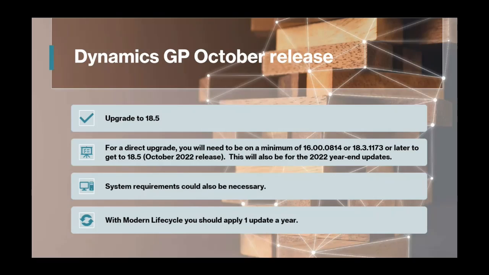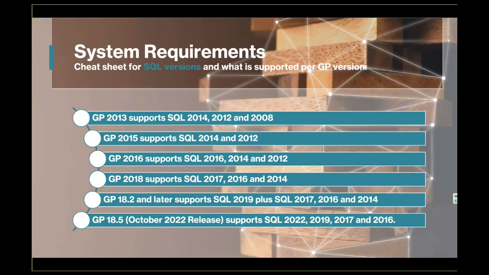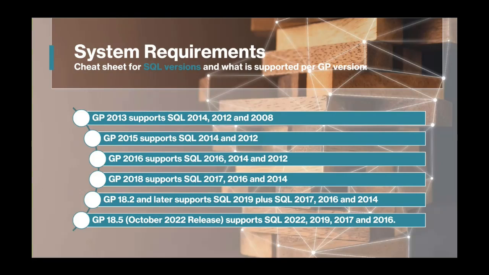There are also some system upgrade requirements that could be necessary with this latest release of 18.5. One of the requirements especially revolves around the SQL versions you're currently on.